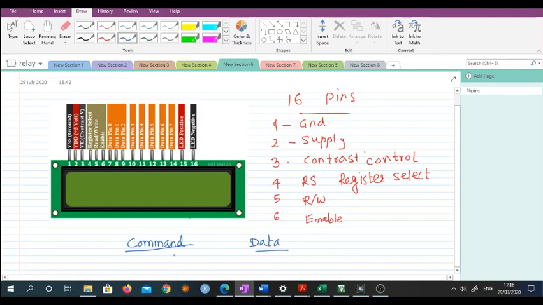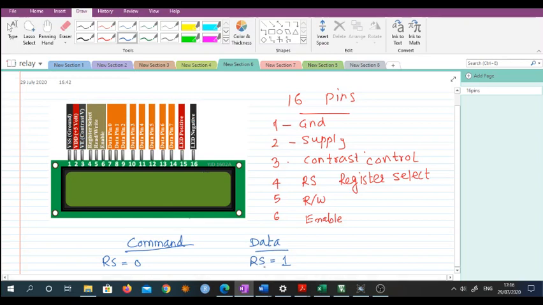So when the RS pin is 0, it is a command, which means the command register is selected. And when the RS pin is 1, it is a data pin. That means when in a program we write that RS pin is equal to 0, then whatever we transfer on the lines D0 to D7 will be treated as commands for this LCD display.